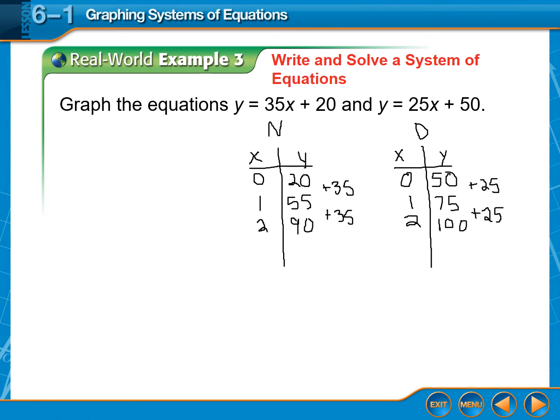So are those the same yet? No, so we need to keep going. So another week goes by. Naresh, after week 3, increases his total by another 35 miles, which brings his total up to 90 plus 35, or 125 miles.